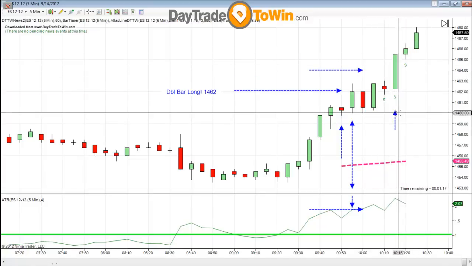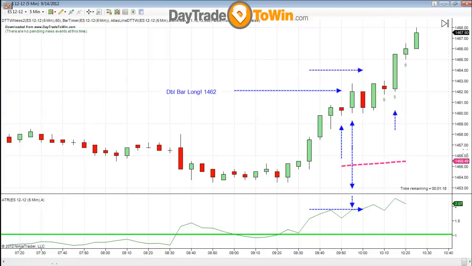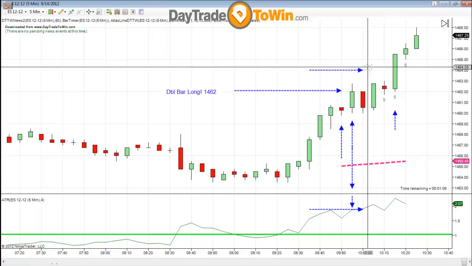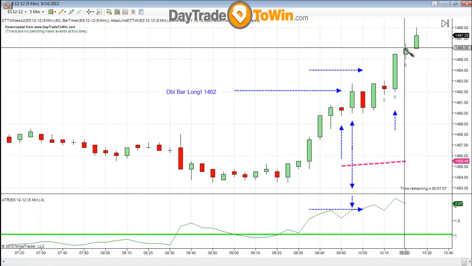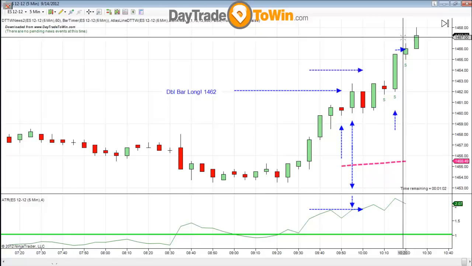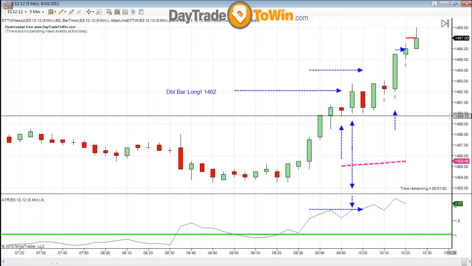That's one thing you have to be careful with. All right. Questions on that? So that's why the S's come up here. SSS for strength. It's a 3-bar pattern. I'm going long here for 1 point, 1467. Okay.